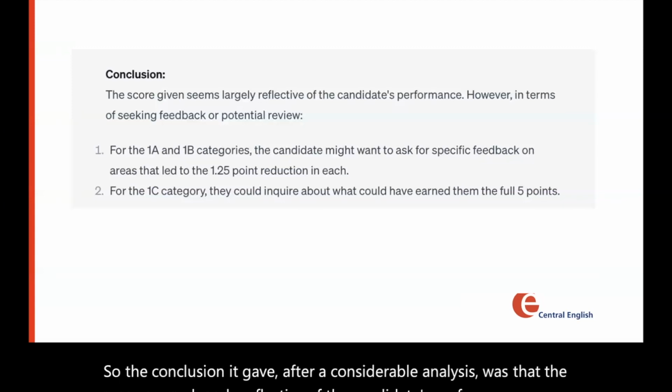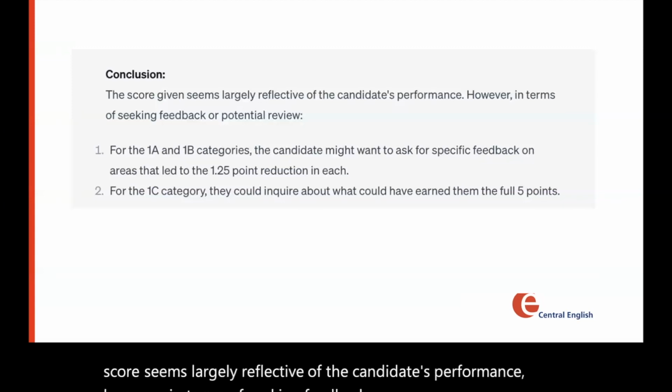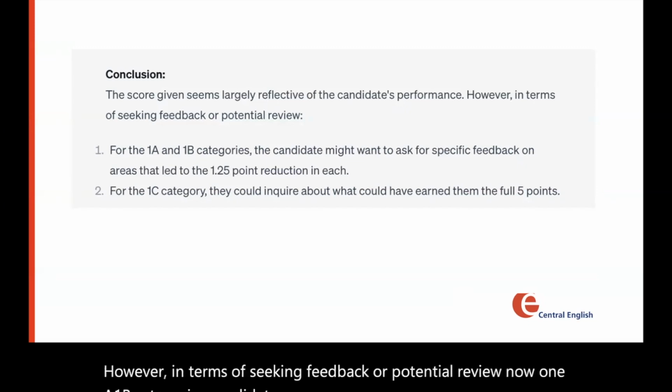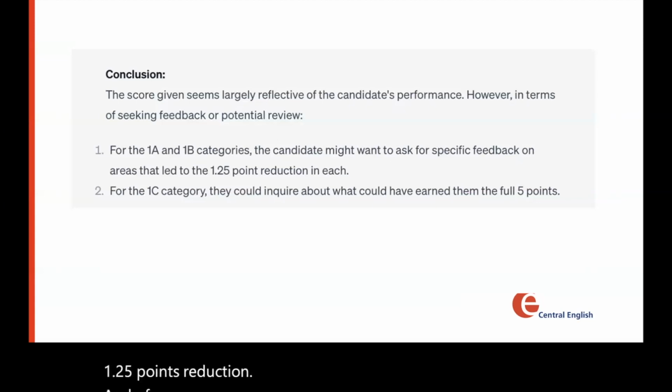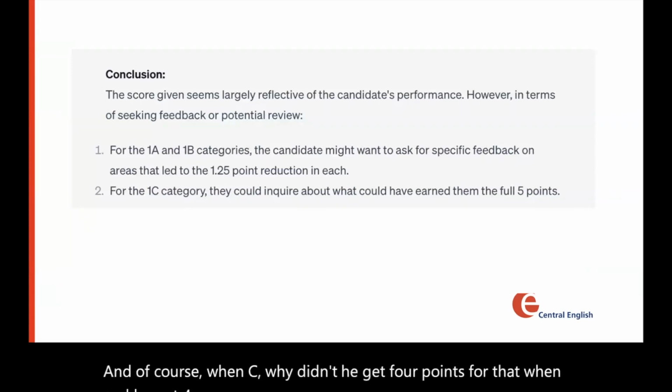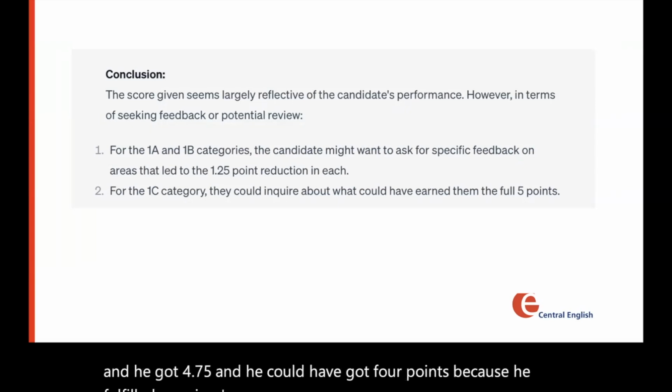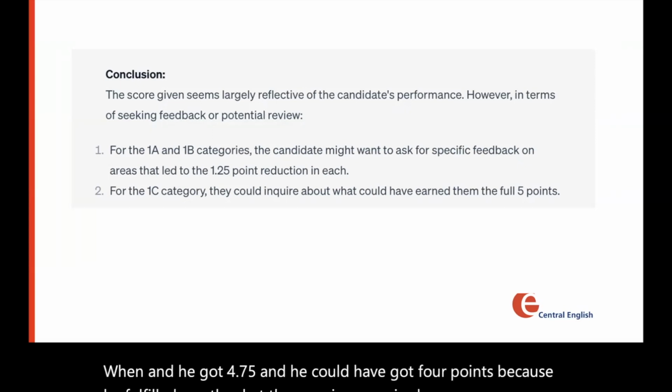However, in terms of seeking feedback or potential review, now 1A and 1B categories, the candidate might ask for specific feedback, which the examiner is not going to give, but which led them to get a 1.25 points reduction. And of course, 1C, why didn't he get 5 points for that when he only got 4.75? And he could have got 5 points because he fulfilled exactly what the examiner required, as we saw in the previous description.